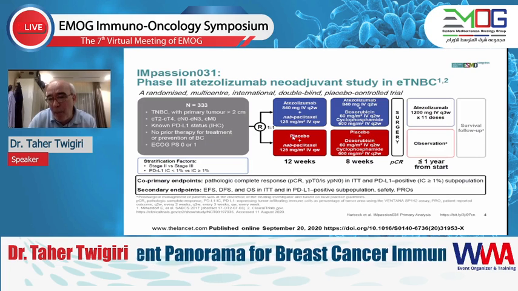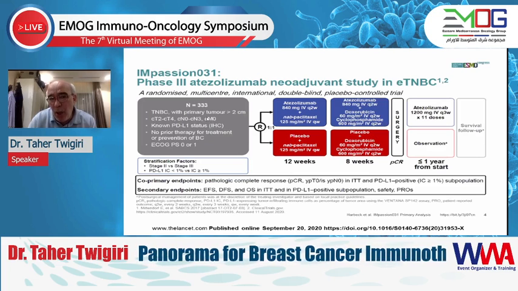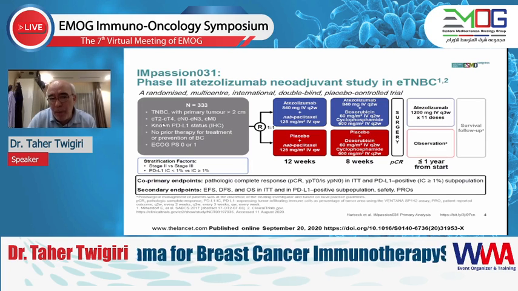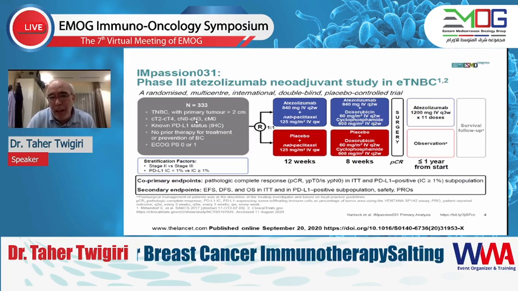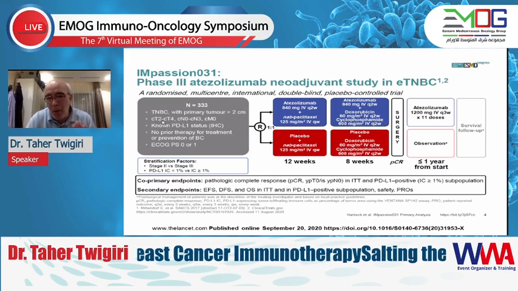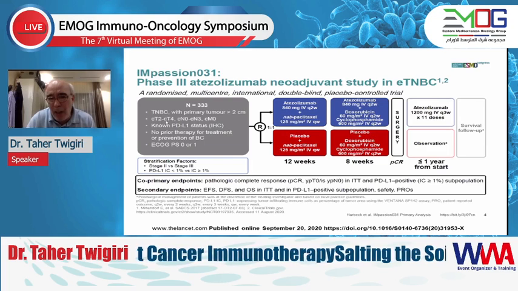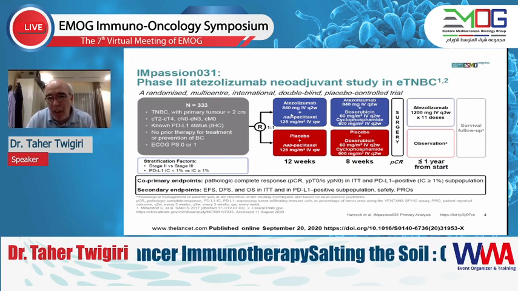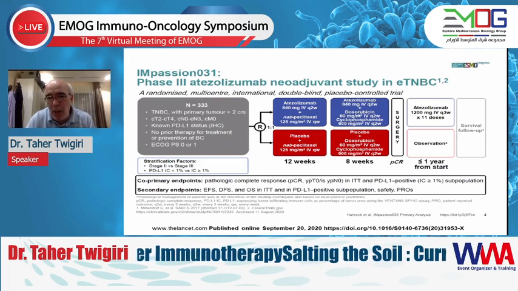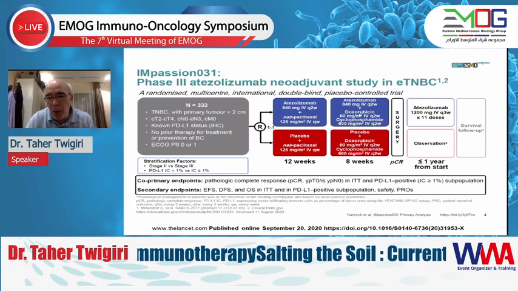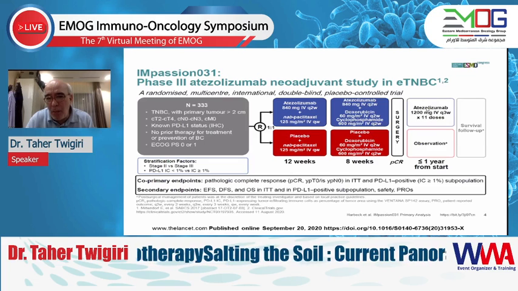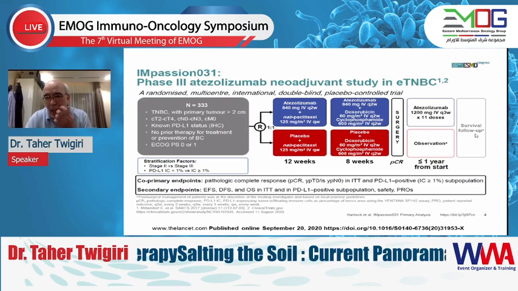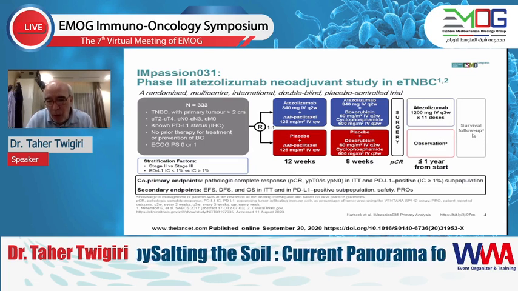Patients with tumors more than 2 centimeters, T2, and most of these patients are locally advanced in nature. They give Atezo nab-paclitaxel, then Atezo with doxorubicin and cyclophosphamide, then surgery, and subsequently they give this and this, looking at survival and follow-up.